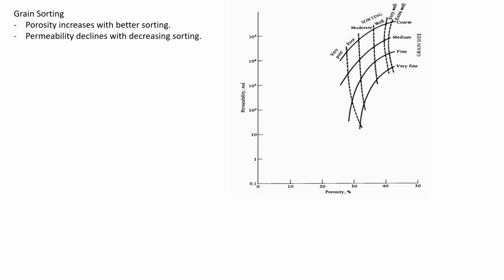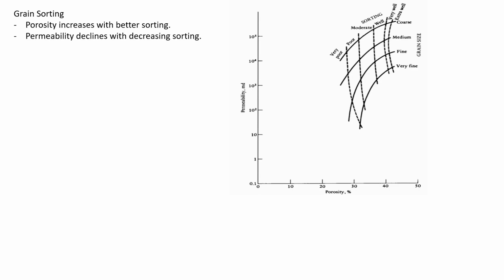With time, as the sediment is transported and weathered and eroded, the finer ones are removed, leading to the deposition of the coarser ones, which become fairly or more well sorted.